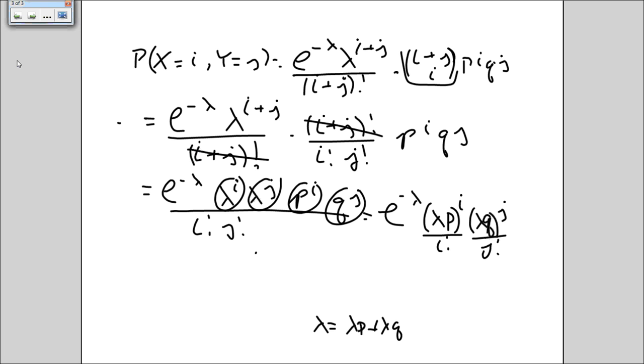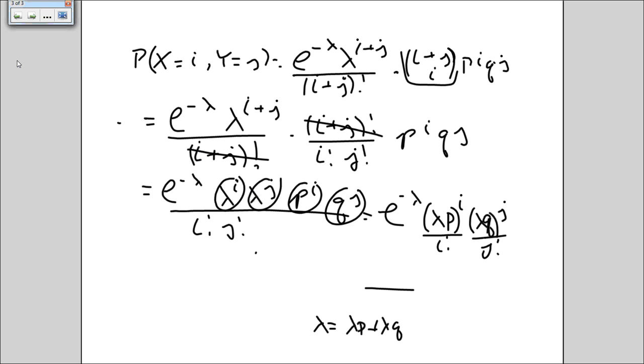So lambda is lambda p plus lambda q. But that's the same as e to the negative lambda p times e to the negative lambda q, because when you add those two exponents and factor out the minus sign, you get lambda p plus lambda q.